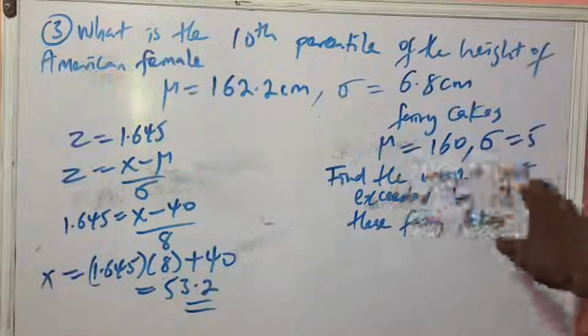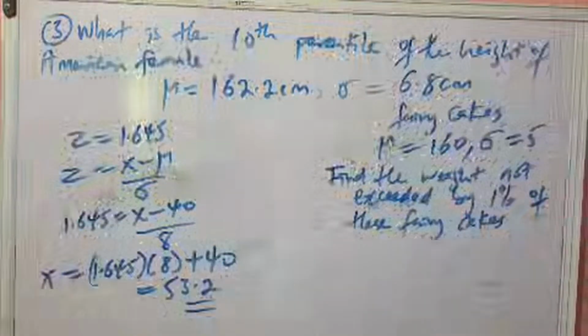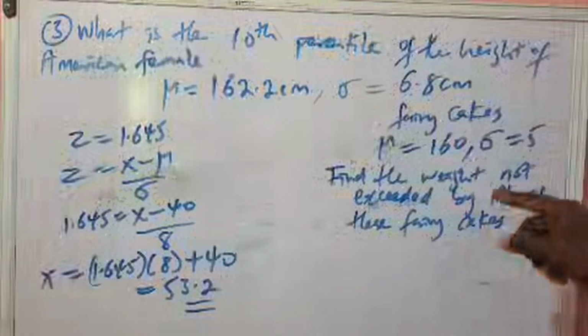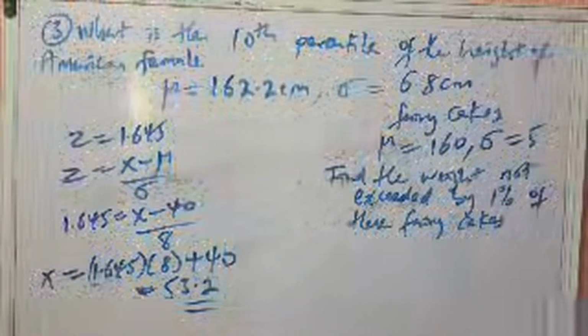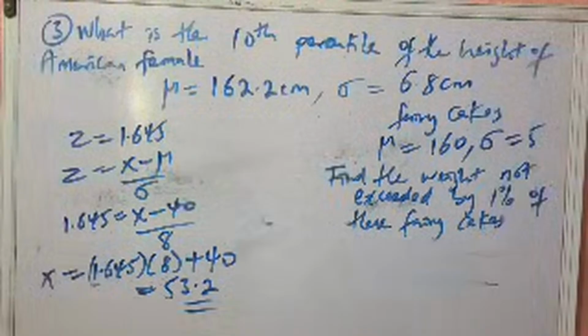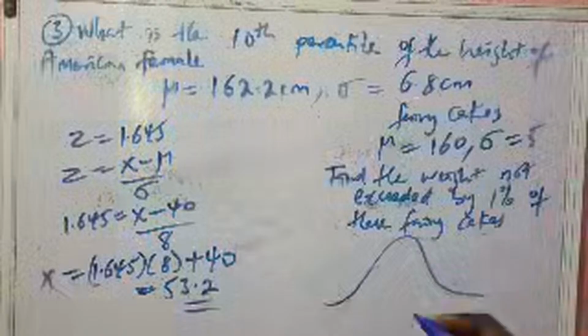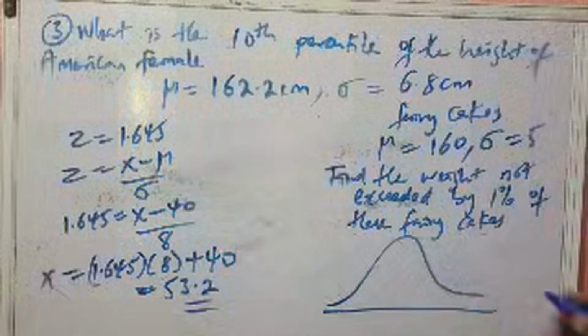Another way of interpreting it is by 1% of the cake. You can also say, find the weight that 1% of these cakes don't exceed. That means only 1% of the fairy cakes have weight less than or equal to that value. Let's draw the normal curve and let me use it to interpret this. Of course, this is 160.